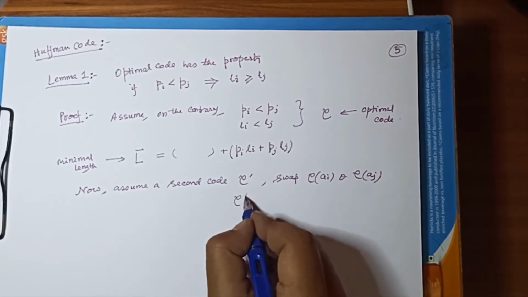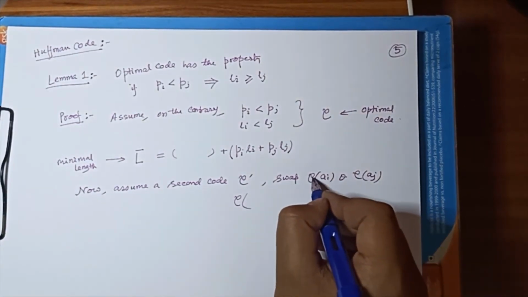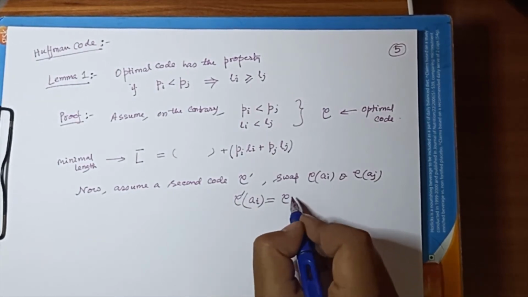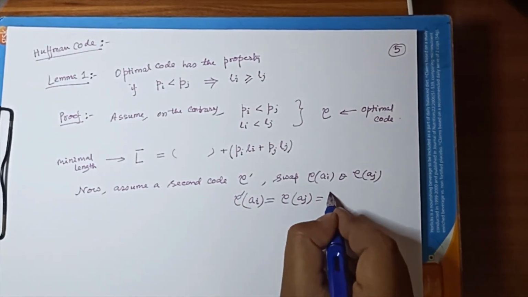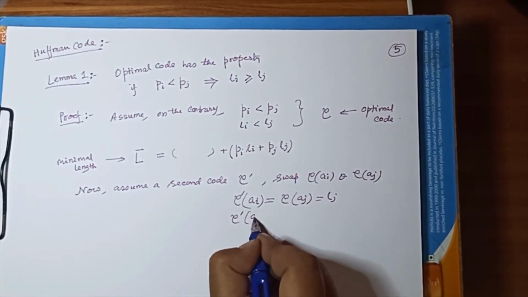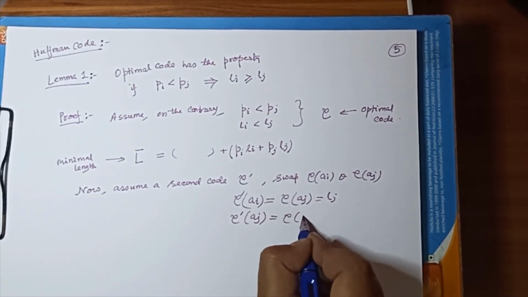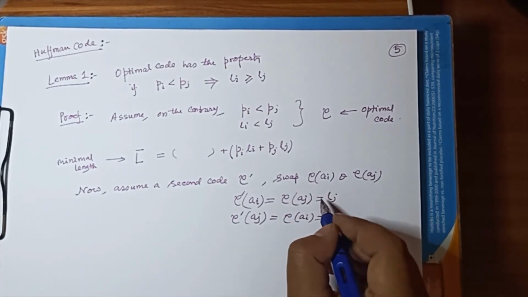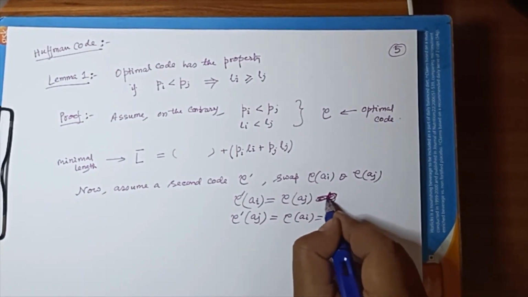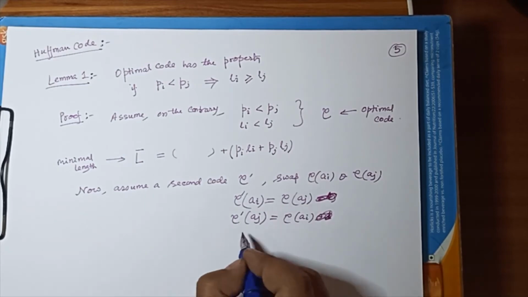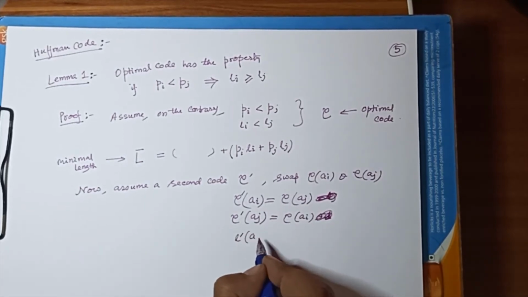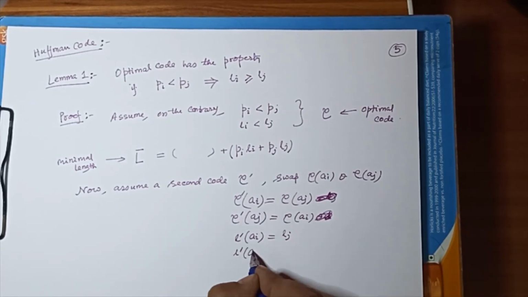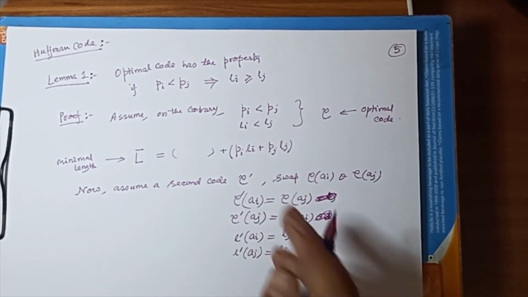Since you are swapping, C dash of ai is basically C of aj, which has length lj, and C dash of aj is C of ai, which has length li. So now I can write that L dash of ai is equal to lj and L dash of aj is equal to li. I am swapping them.